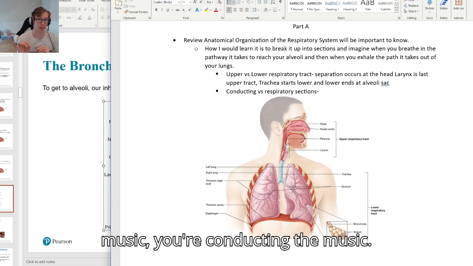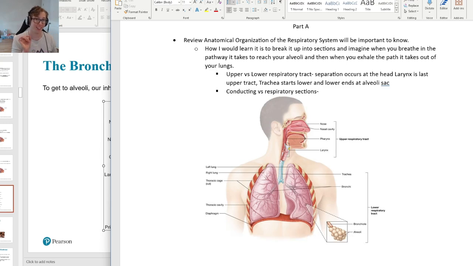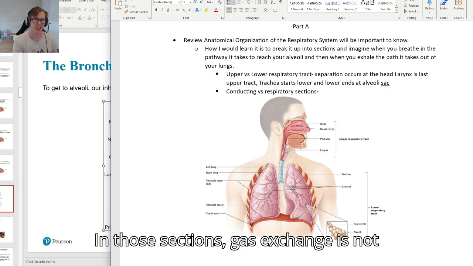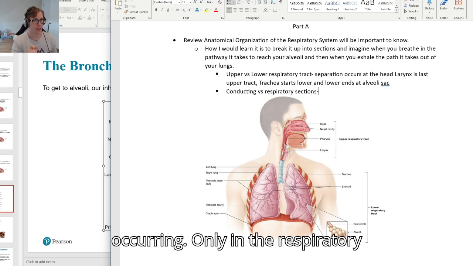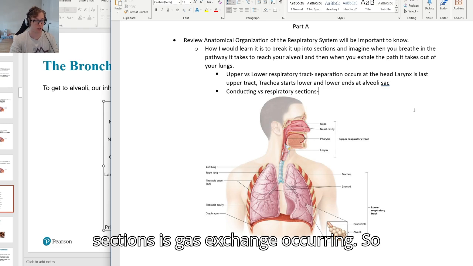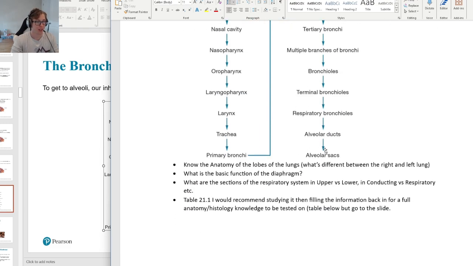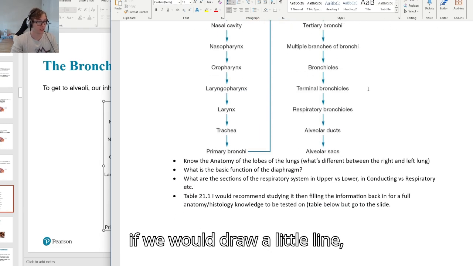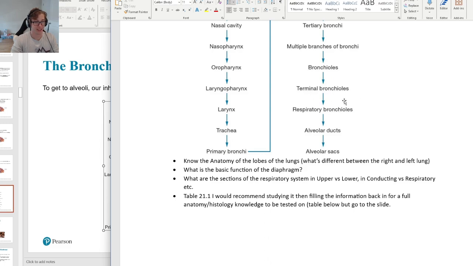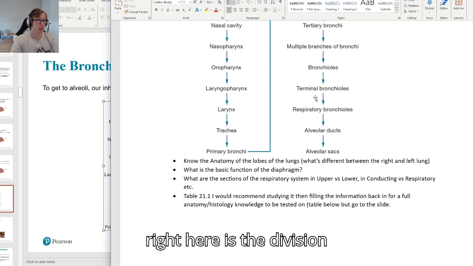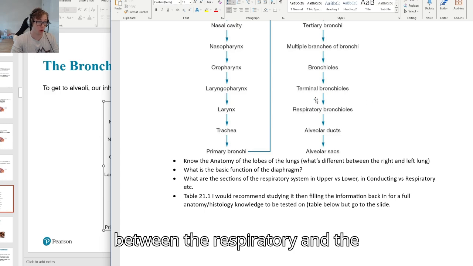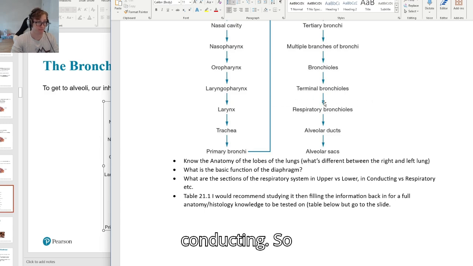You're not making the music, you're conducting the music. In those sections, gas exchange is not occurring. Only in the respiratory sections is gas exchange occurring. So if we draw a little line right here, this is the division between the respiratory and the conducting.